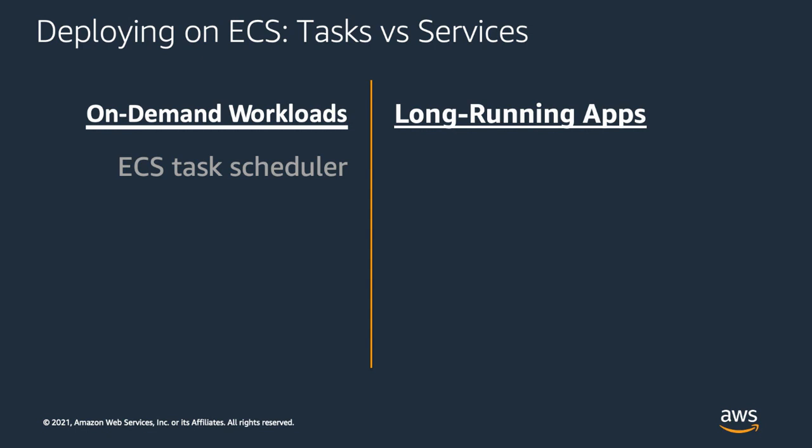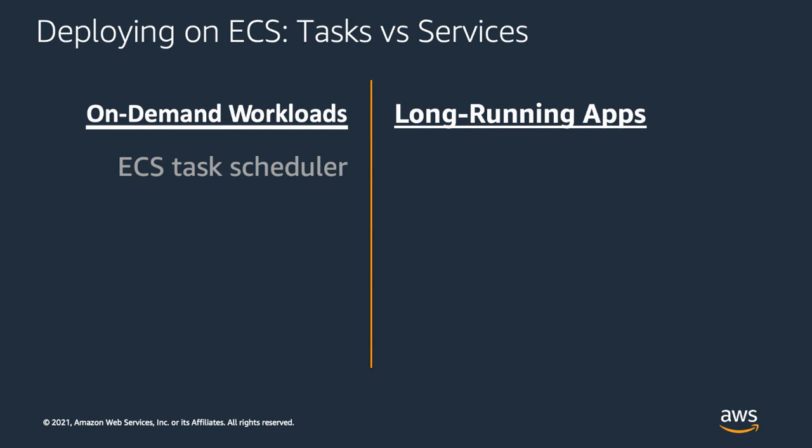A very simple difference I will call out is that for on-demand workloads, the ECS task scheduler is the best option. It's pretty good for workloads that need to run once or at recurring intervals.